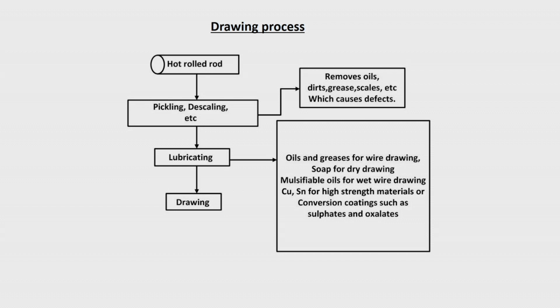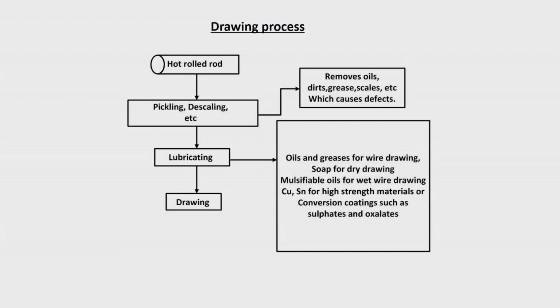Also, there will be a maximum limit for the reduction that can take place. So if it is a cold rolled piece, the reduction possible will be very small. If you want to give a large reduction, you may have to do process annealing so that the metal is softened.